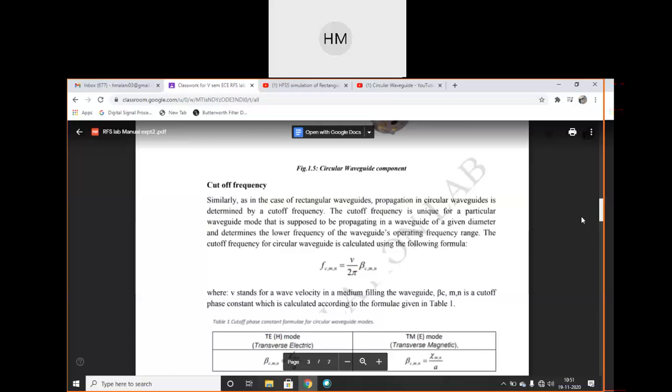The cutoff frequency is unique for a particular waveguide mode that is supposed to be propagating in a waveguide of a given diameter and determines the lower frequency of the waveguide's operating frequency range. The cutoff frequency for circular waveguide is calculated using the following formulae.